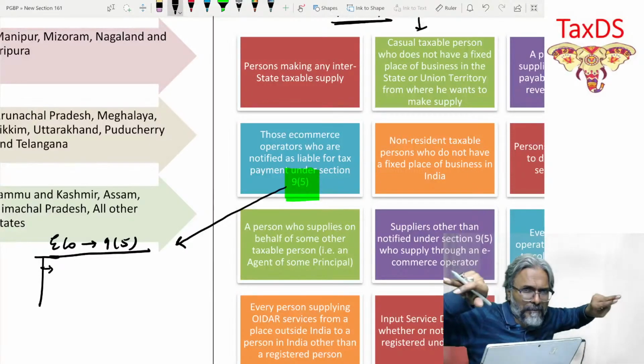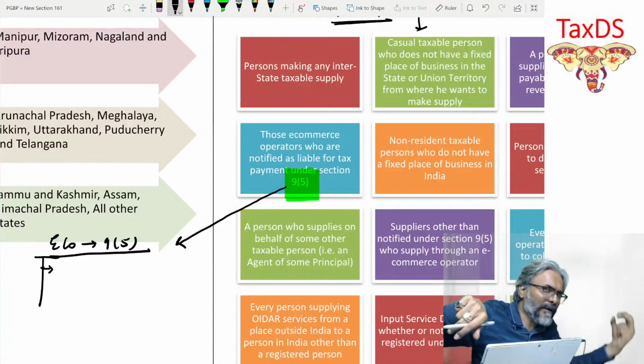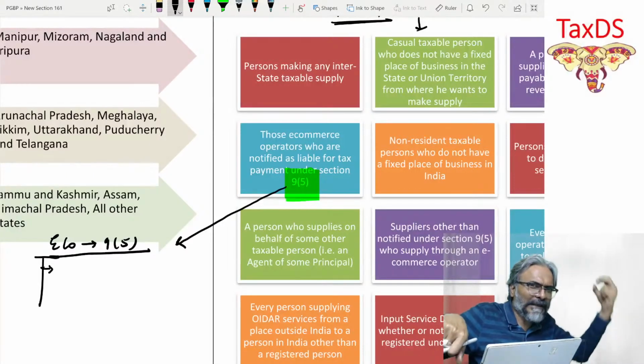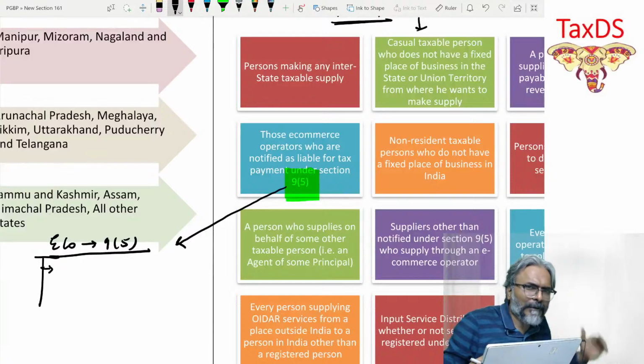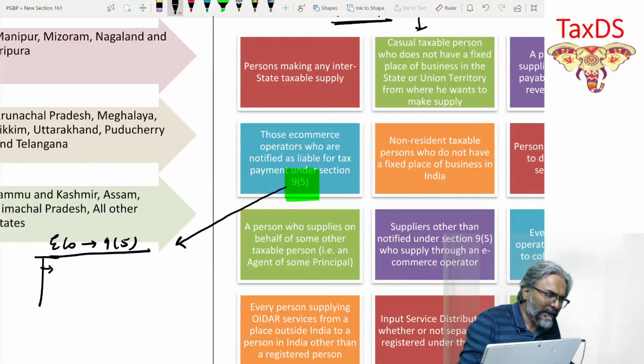Remember, I made you prepare one chart. In that chart, I told you that if you are a 9.5 category of ECO, then you are not liable to collect the TCS. So who are these persons of 9.5? They are in transportation service, like Ola and Uber.